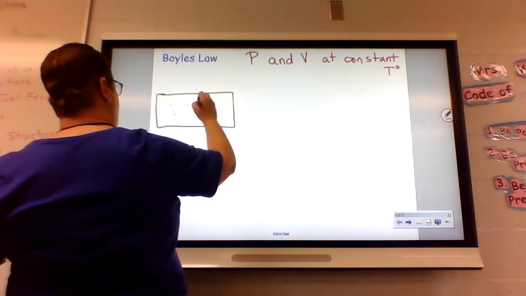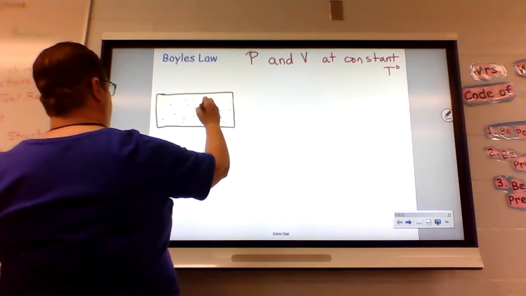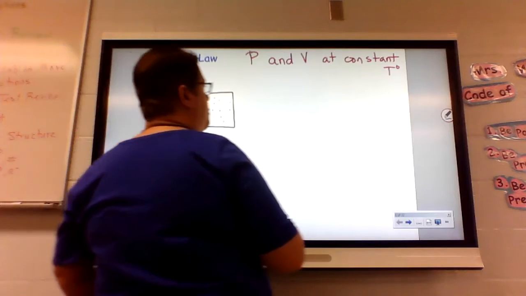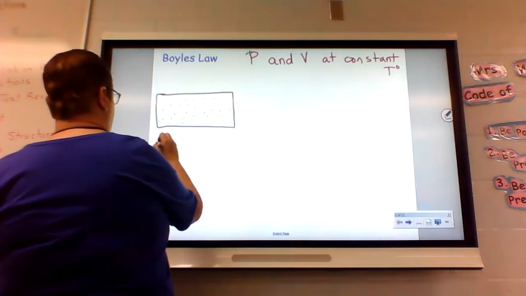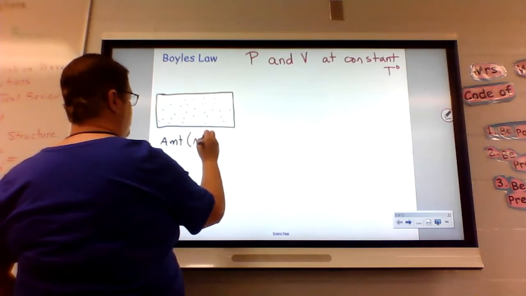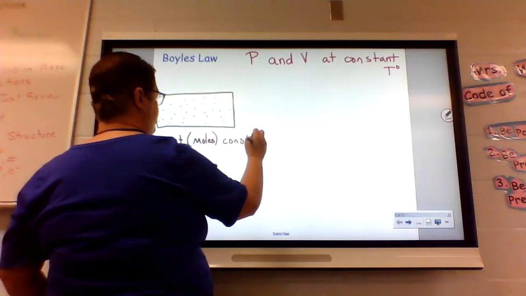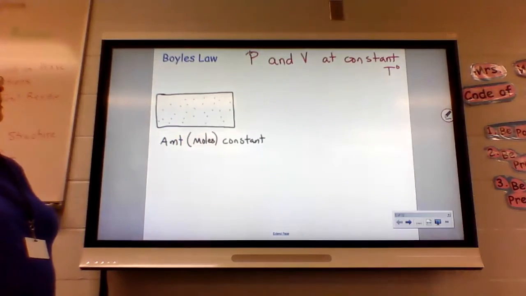And it doesn't matter how many dots you draw inside the container, simply because what did I tell you about the amount? The mass or the moles? It doesn't matter. They're going to stay the same. The amount or the moles will be constant, and it will be that way throughout the day. It's not going to change.